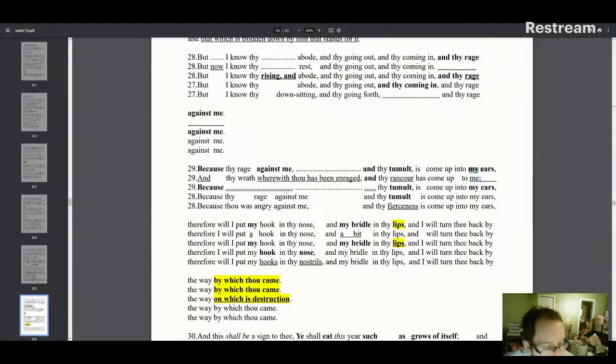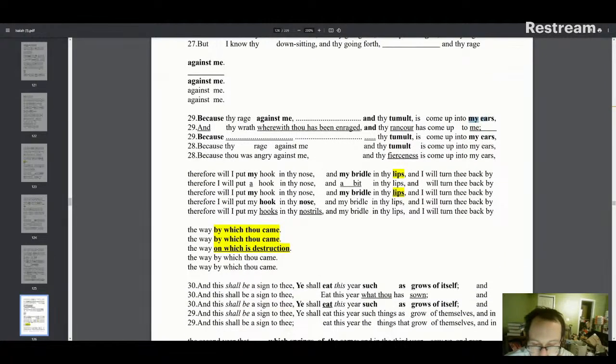Again, this is Hebrew idiom, "my ears." We would typically, people don't talk like that in other languages. They just say "me." "My" versus "a." So "my" is more personal. Same thing right here.